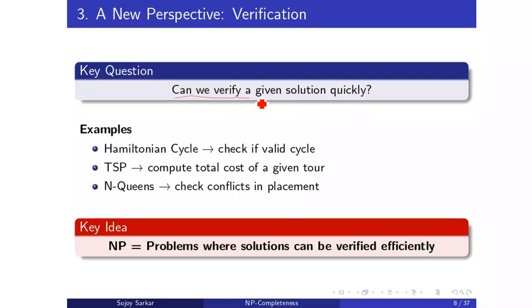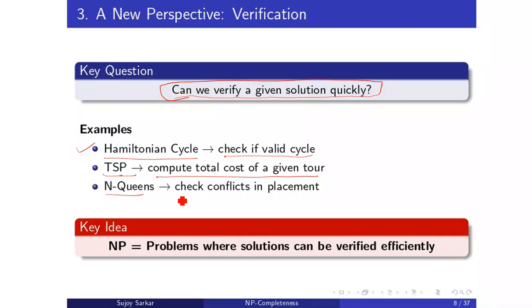The question we are asking is, can we verify a given solution quickly? And we can see that with the decision version of the problem, we can do verification for all the problems. Like Hamiltonian cycle, we can check whether a given cycle is valid or not. TSP, we can check whether the tour cost is less than or equal to k or not.